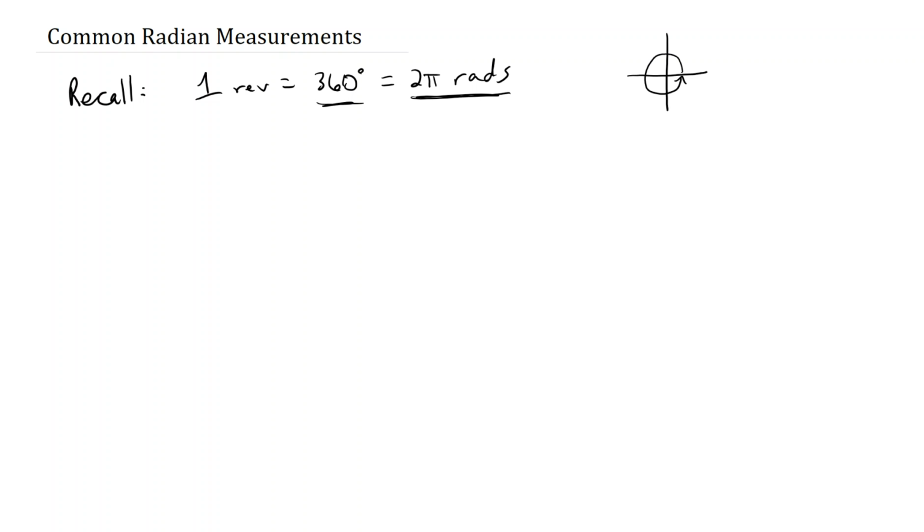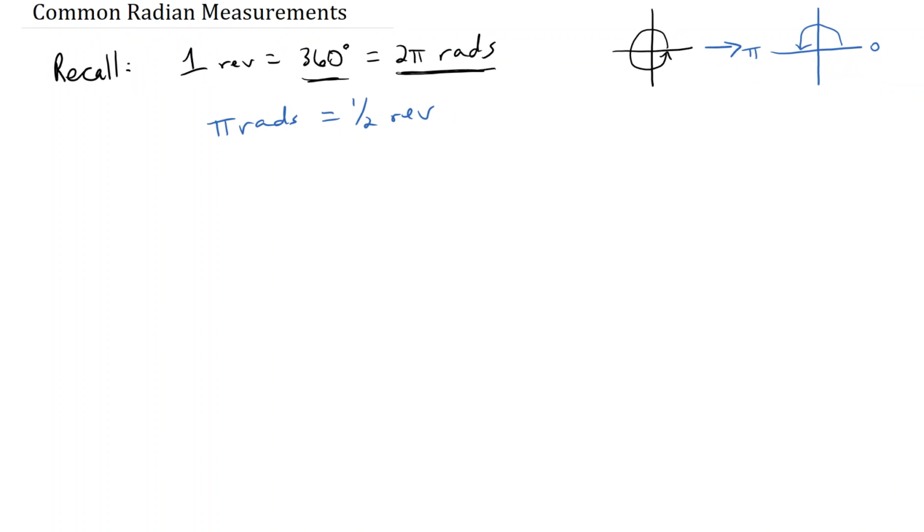So what that means is it's often easier to think of radians in terms of pi radians. So if you do half of a revolution, from 0 to the negative x-axis, you get pi radians. Okay? So pi rads equals half of a revolution, or 180 degrees.